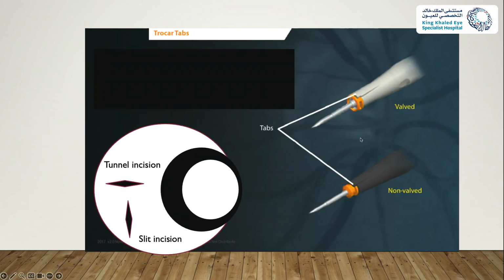Now, anyone know what this tab does on the different trocars? I know that Alcon has a major presence in most surgical instruments. So this is an Alcon Constellation trocar insertion, and there's a white tab there. Anybody understand what that does?